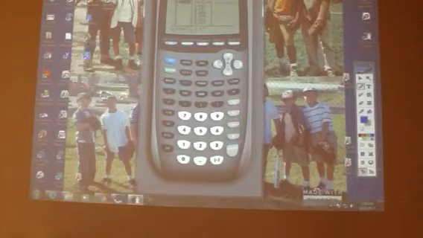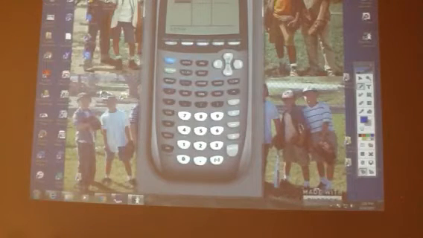The way you take them out is you click up to the L1, so highlight on the L1, hit clear, and go down, and it'll erase every one of them. Do the same thing on L2. Go up and highlight L2, hit clear, go down, and it'll take them all out.